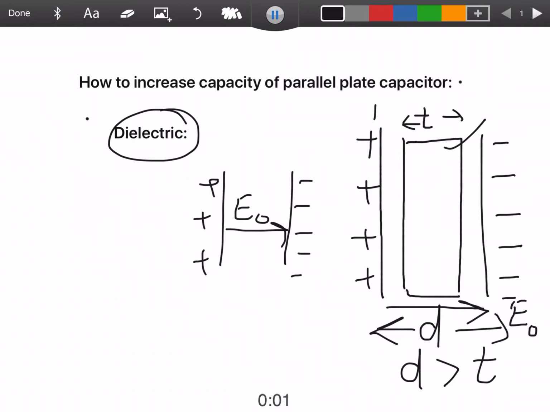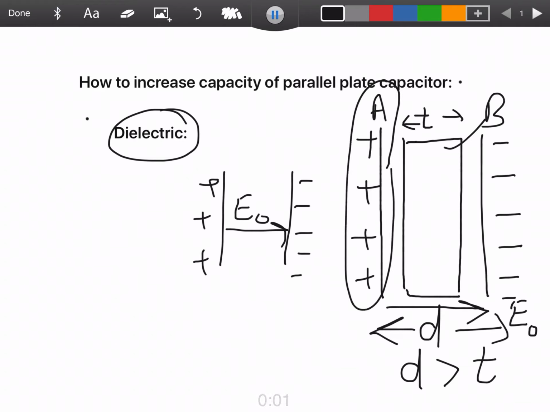Due to positive charge on plate A, a negative charge will be induced on one side of this dielectric slab, and at the same time due to negative charge on plate B, a positive charge will be induced on the other side of dielectric slab.